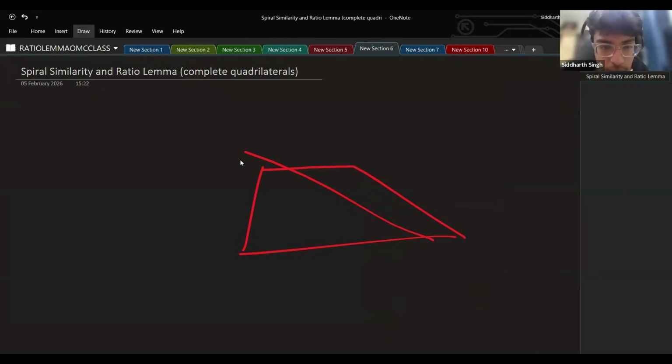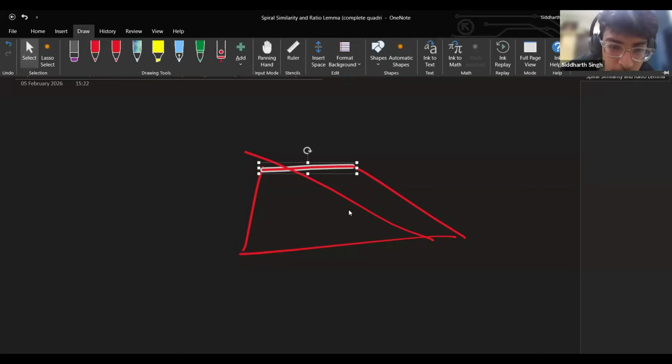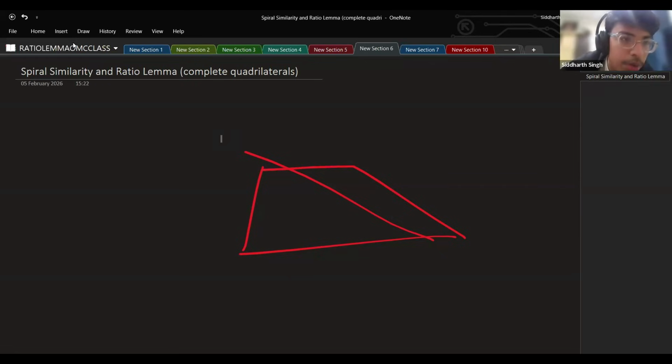Let me just explain spiral similarity in a gist.